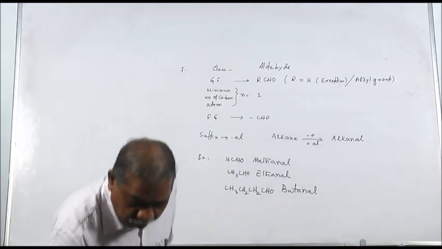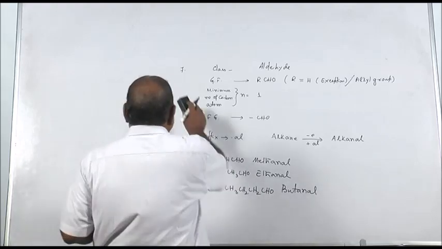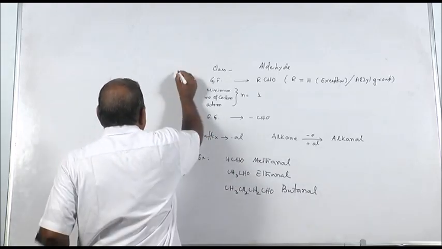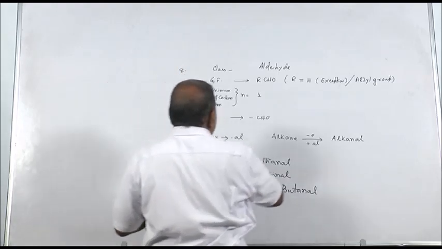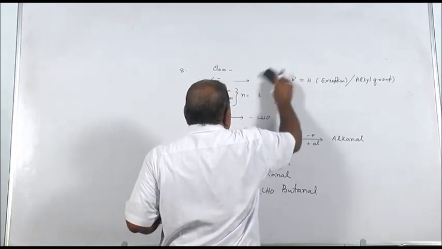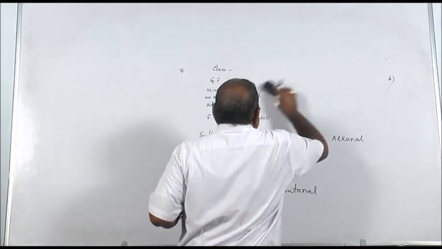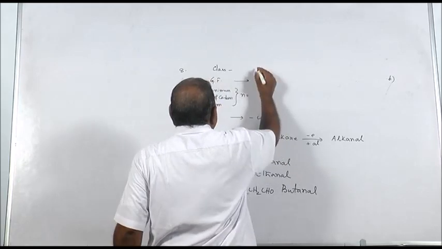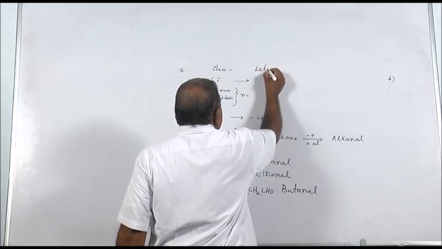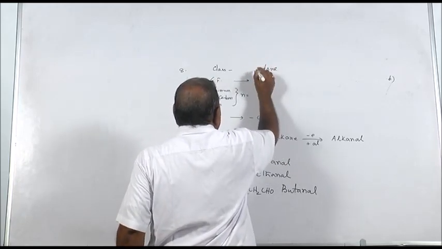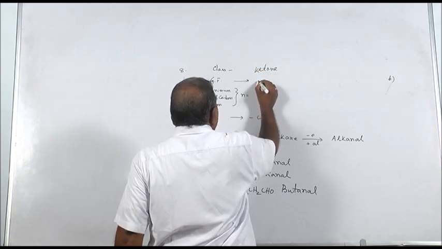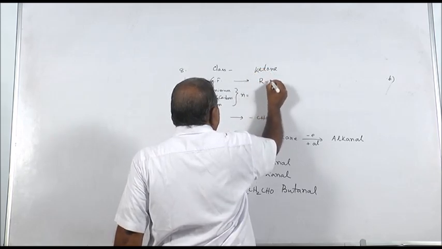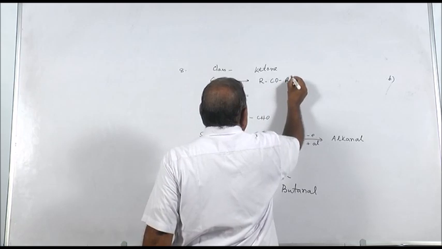The next category we will go to is ketone. The general formula is RCOR dash.